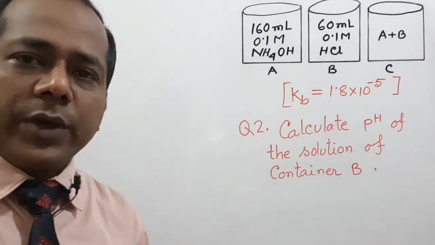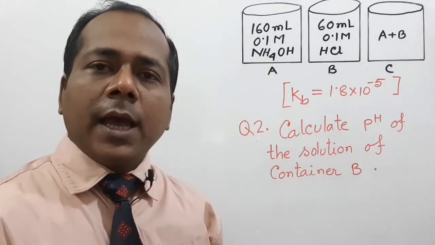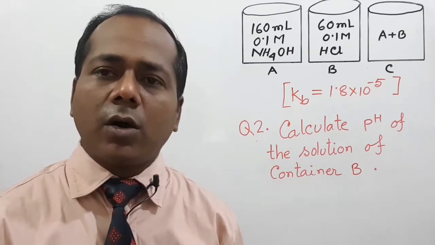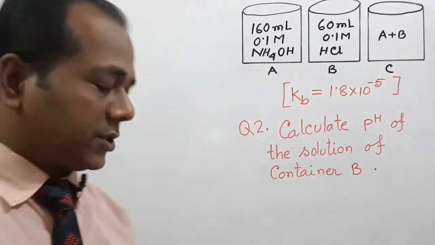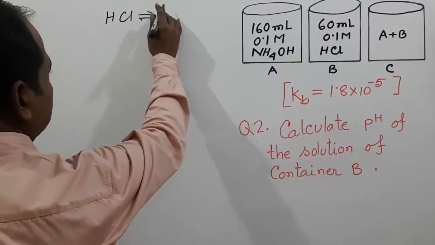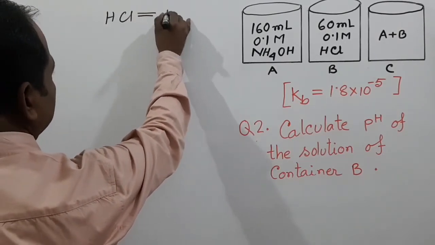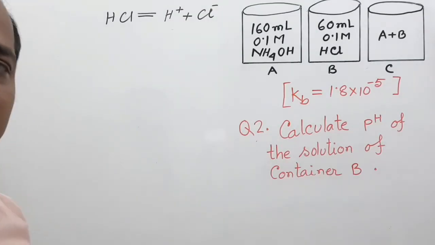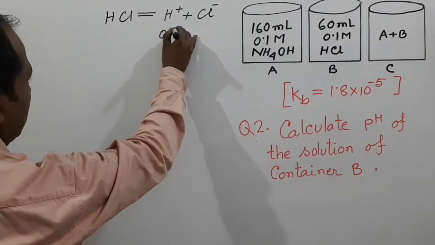My dear students, we can see that in container B hydrochloric acid is present, and we know that hydrochloric acid is a strong acid. So in HCl solution, the dissociation rate is 100%, and for that reason the concentration of hydrogen ion is 0.1 molar.